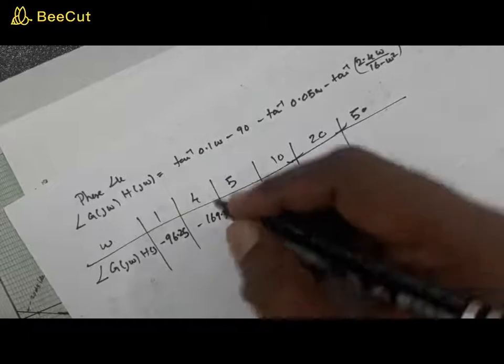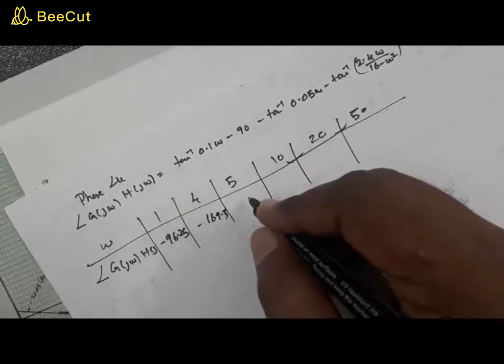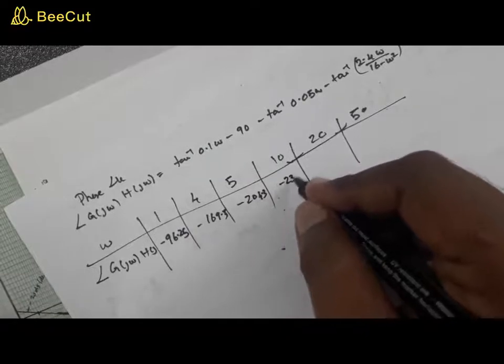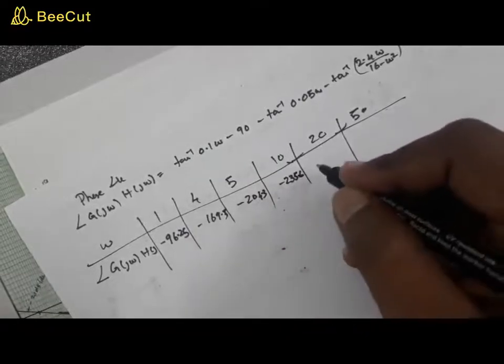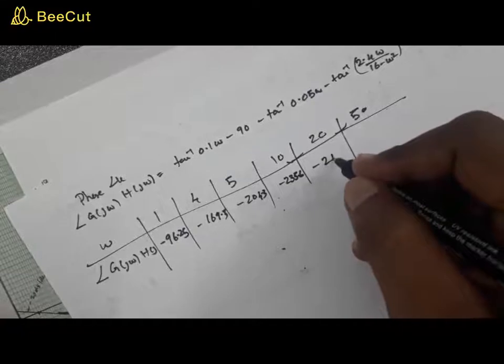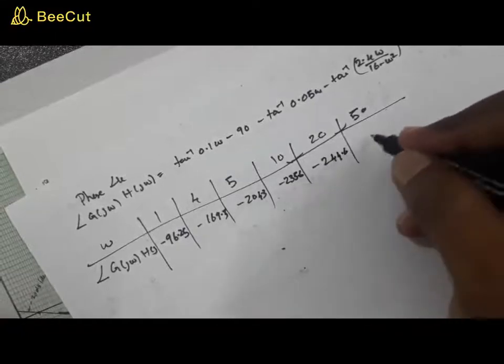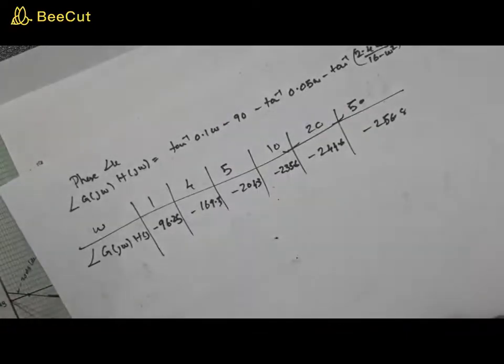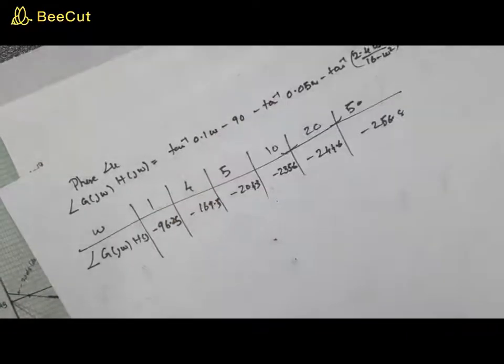I'm just putting some values. This will be minus 204.3. This will be minus 235.6. This will be minus 244.6, and this will be minus 256.8. So you may note down this. You may just do it by yourself. And this is quite simple.